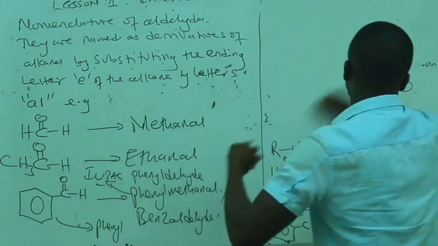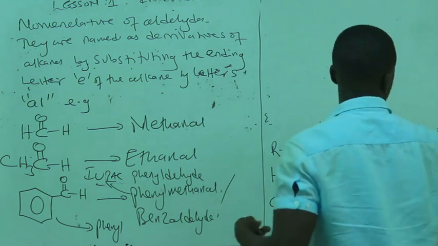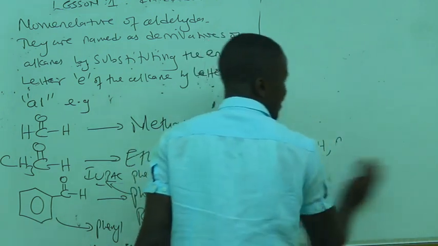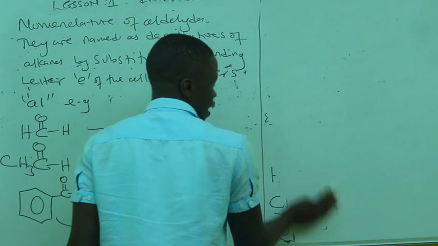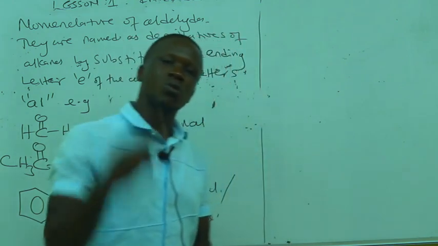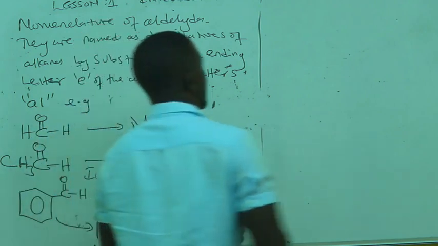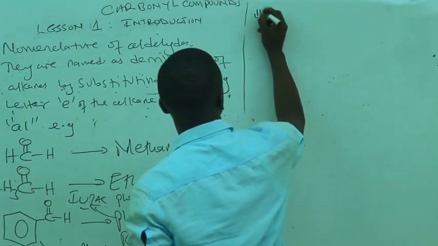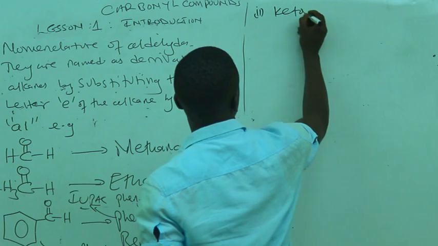And that class, we've seen that you do not have H. Instead, you have another alkyl group. So the carbonyl group is sandwiched between two hydrocarbon chains, and those compounds are called the ketones.